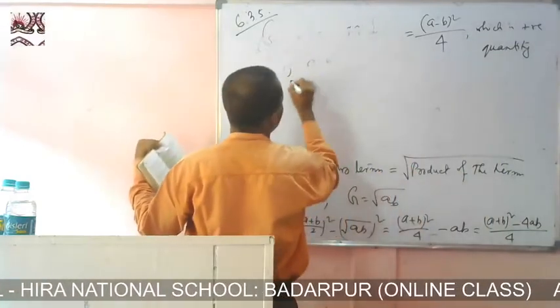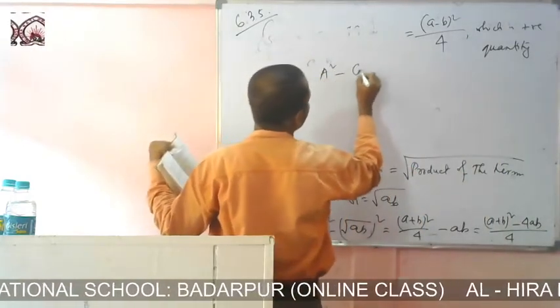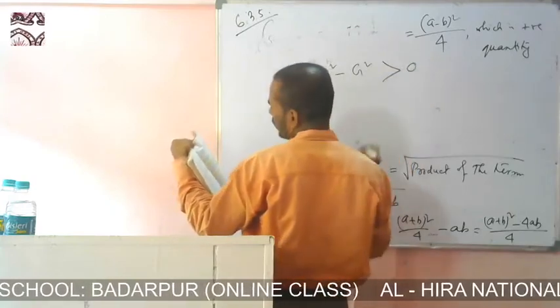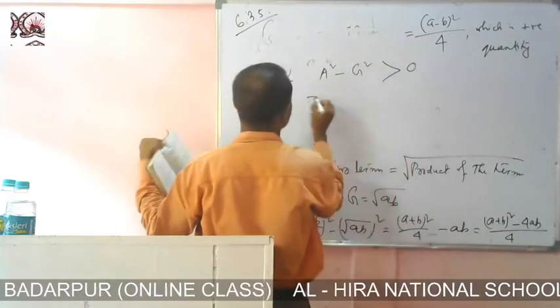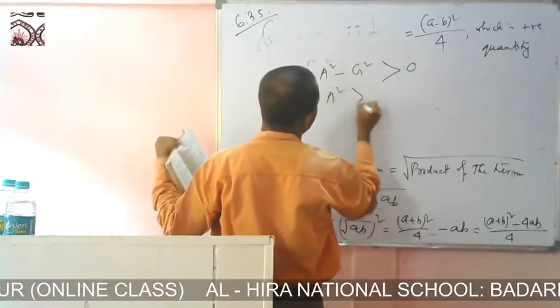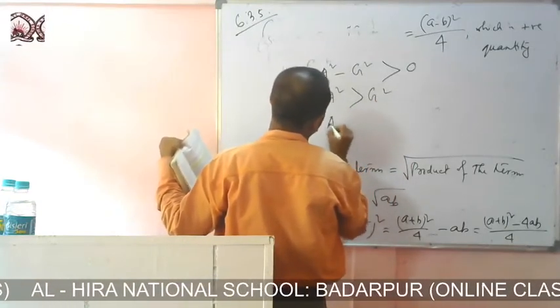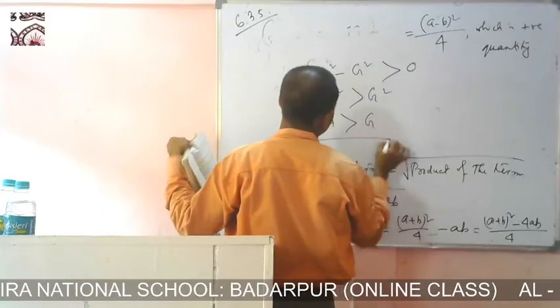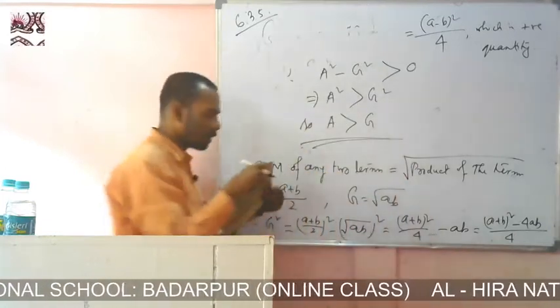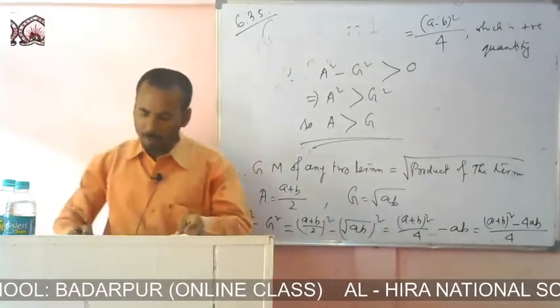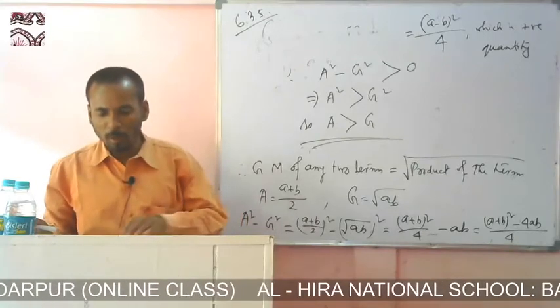So we can write A square minus G square greater than 0, and if it is greater than 0, then A square is greater than G square. So A is always greater than G. This is a very important proof: arithmetic mean is greater than geometric mean.